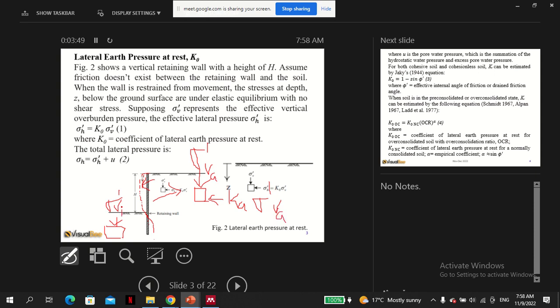This would be sigma V on the passive side, and the value here would be Kp sigma V on the passive side. So the point is, when the excavation has influence on the equilibrium, then this is called the active side, and this is the passive side.